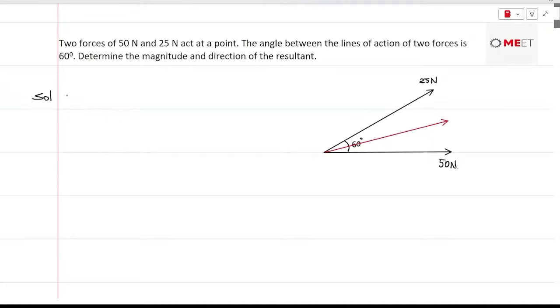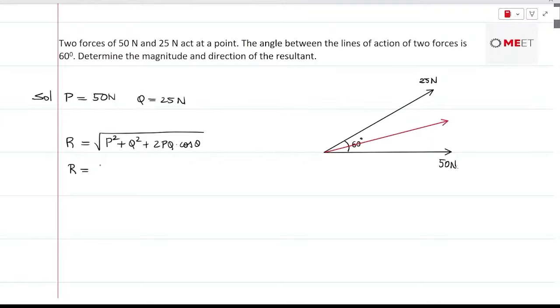So here let's say P is the force which is 50 newtons, and Q is another force that is 25 newtons, and straightforward we need to make use of the parallelogram law of vectors, that is R is equal to root over P square plus Q square plus 2PQ cos theta, and this is kept within the root.